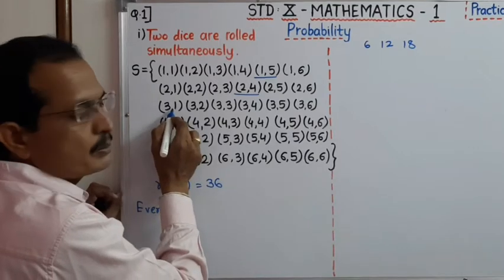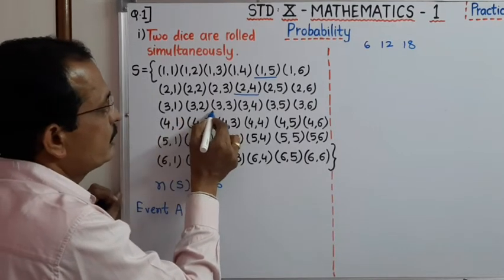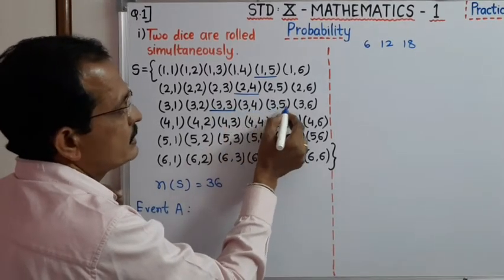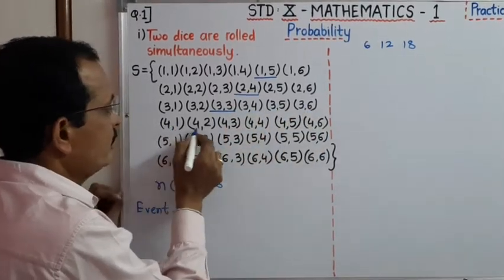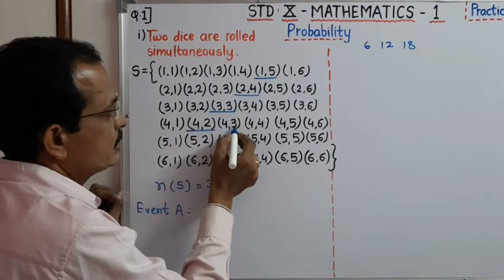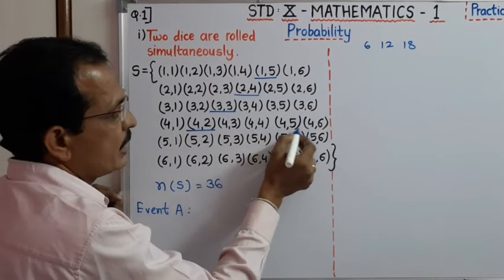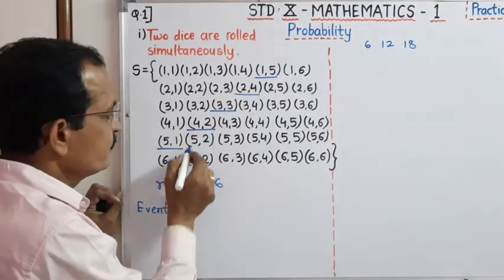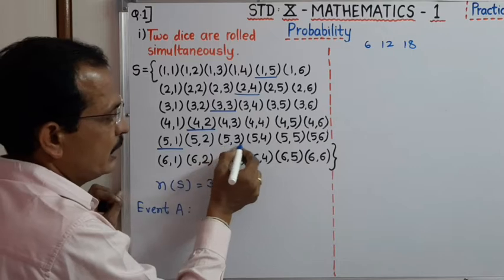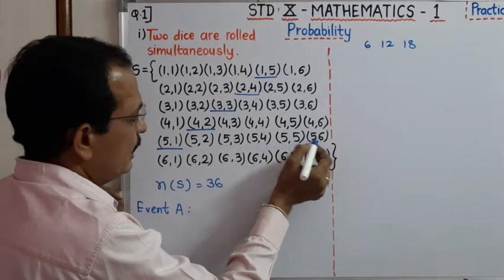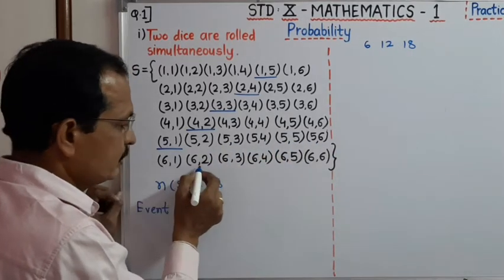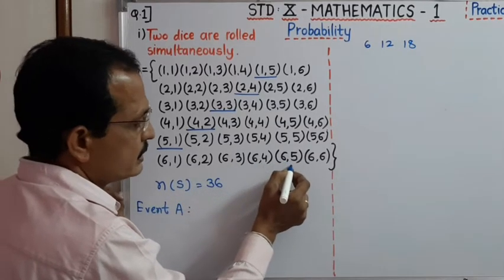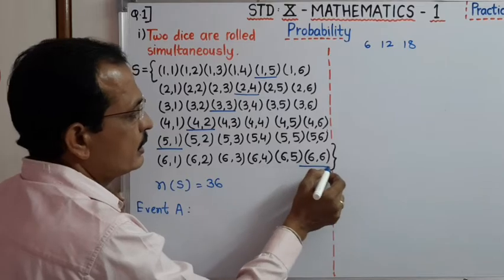Here we make the sums: 4, 5, then 3 plus 3 it is 6, 7, 8, 9. Then 5, 6, 7, 8, 9, and here it is 10. This is 5 plus 1, 6, 5 plus 2, 7, 8, 9, 10, 11. Here it is 7, 8, 9, 10, 11, and here it is 12.